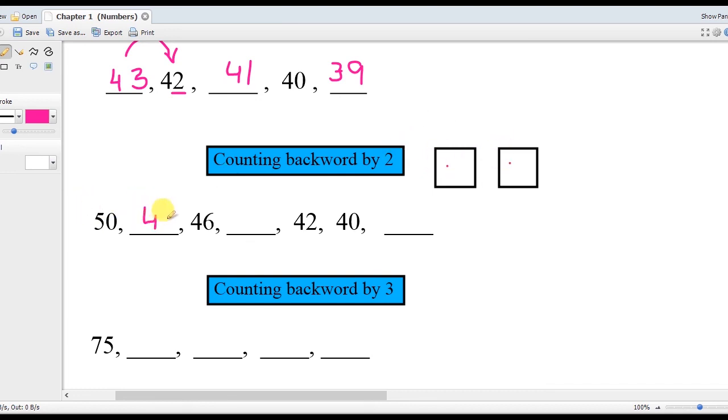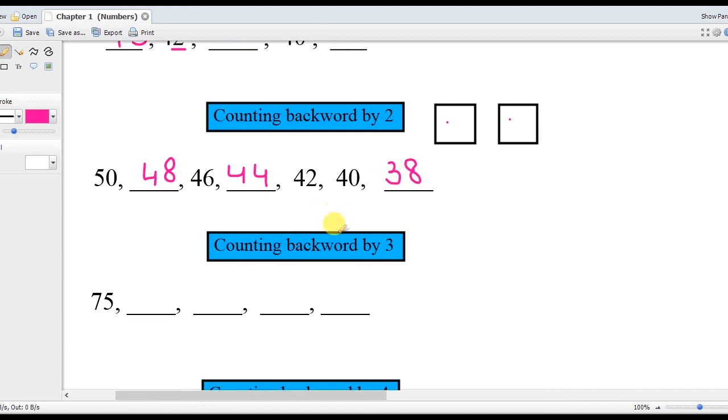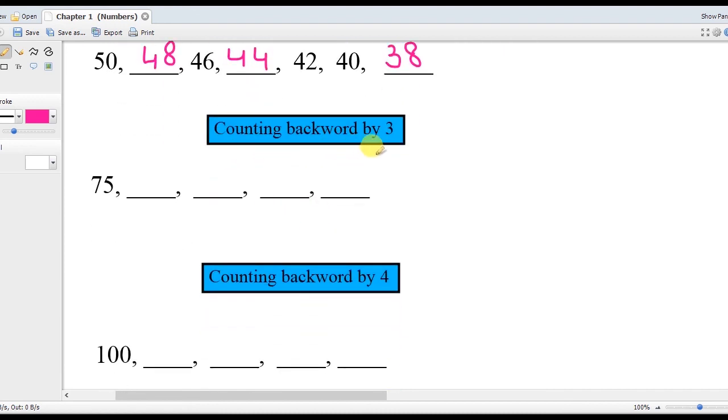So yes, we have 48. Then 46 is already there. The numbers that come before 46 by skipping 2, right? So we'll have 44, 42, 40 and so on. So the last number we'll have is 38, right? Similarly, counting backwards by 3.